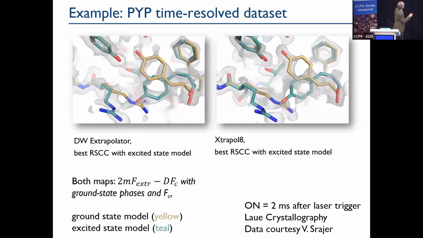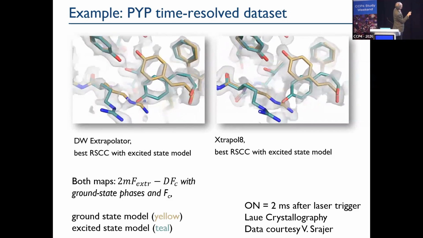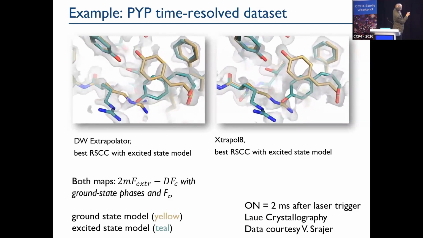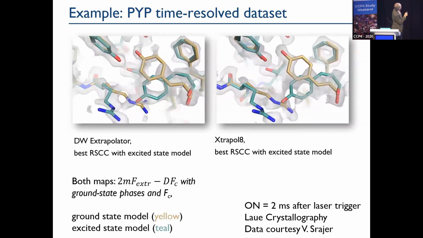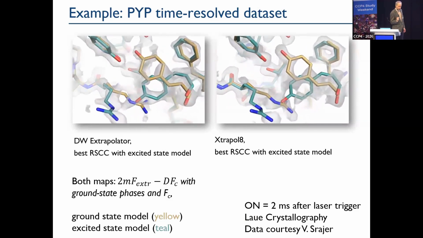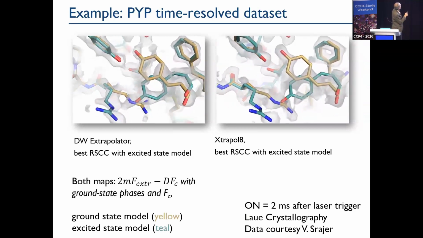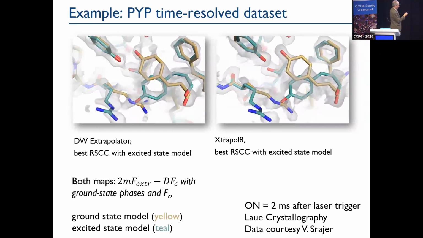What you can see here in teal is the excited state chromophore, the paracoumaric acid moiety of photoactive yellow protein, and an arginine that gets shoved out of the way. Already, just starting from the ground state model and phases, you get good support for the electron density of the excited state right out of the gate.